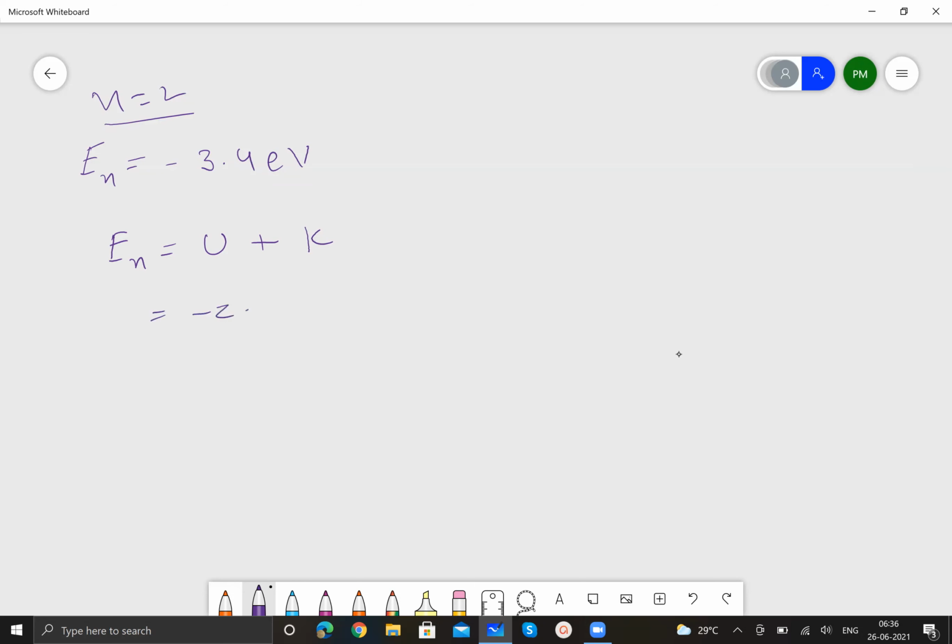Potential energy I wrote, recollect the derivation what we did. Even the derivation can be framed in the form of questions. Very simple. Minus ZE square by 4 pi epsilon 0 R is the potential energy, plus ZE square by 8 pi epsilon 0 R will be the kinetic energy.